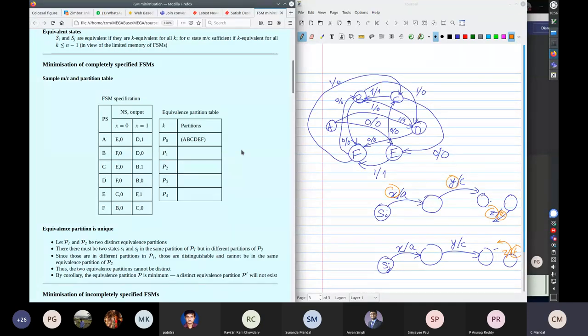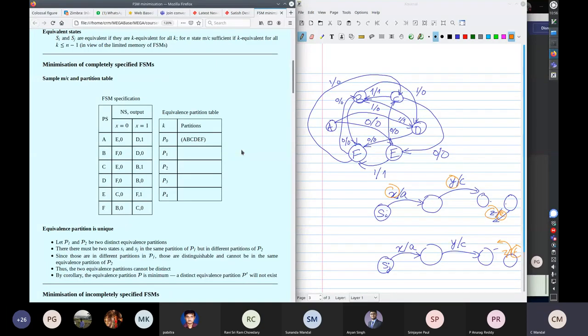Now, what do you want to do? Suppose two states Si and Sj are not distinguishable. Then those two states are equivalent, right? Those two states are equivalent.